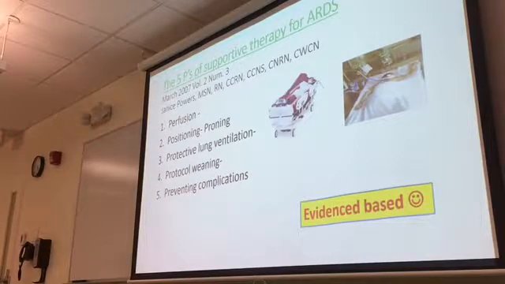I put you on a vent, I added PEEP, I paralyzed you so that I can get air in because your lungs are stiff, but I'm protecting you. And then what's this, protocol weaning? This is my favorite. This is the VAP bundle. Okay, so how do I get you to not come down with pneumonia after I put you on the mechanical ventilator? So that's protocol weaning.